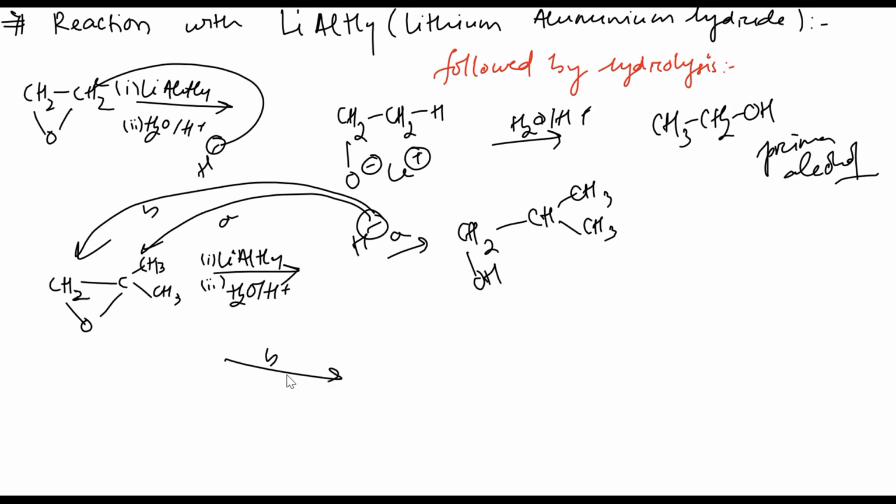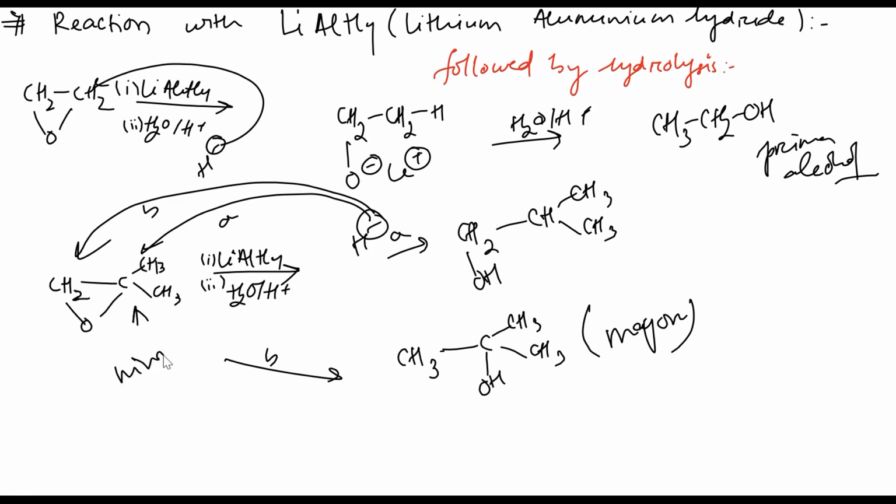This one is the major product because this is a hindered site due to bonding of two methyl groups. There is steric hindrance. And the lithium aluminum hydride, AlH4 minus, is a bulky group.